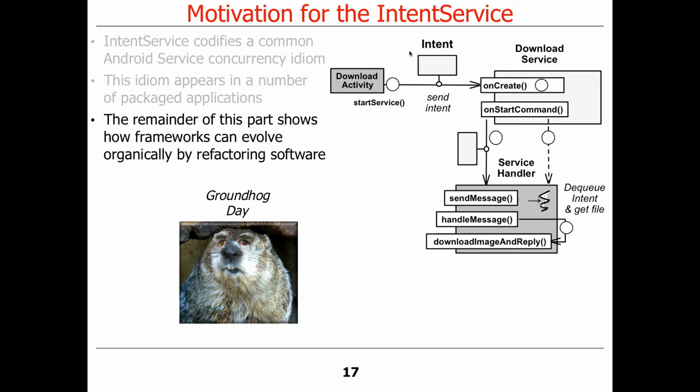Wouldn't it make sense to refactor the code, make a reusable entity like an IntentService, and then go back and change the existing code to use the reusable code, as opposed to re-implementing this stuff in subtle ways over and over again? Hopefully you can all see why that's a win, right? Does anybody want to say why that's a win, to spend the time refactoring something? What does that give you? What's the benefit there?